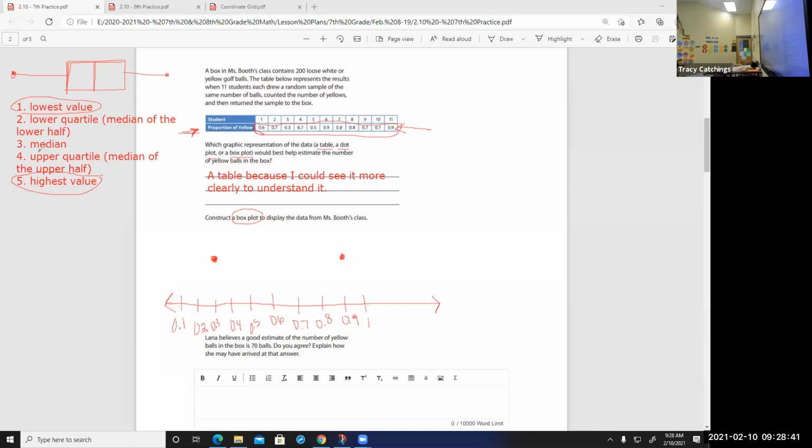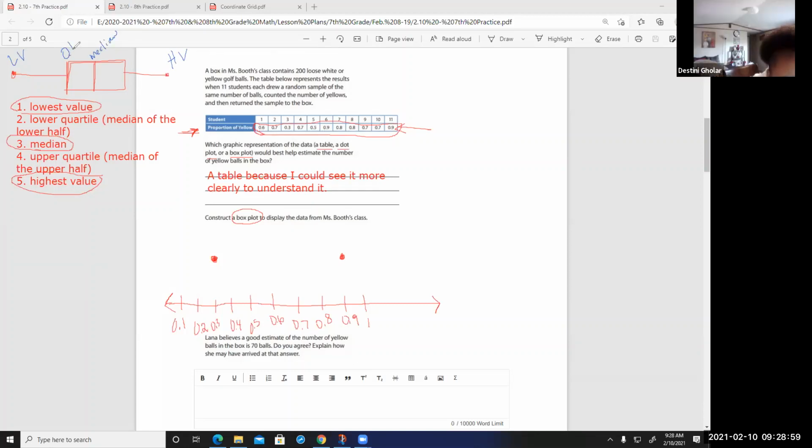How do we find the median of a set of data? Think back to 6th grade. How do we find the median? The middle number. What do I have to do before I can just say my middle number?